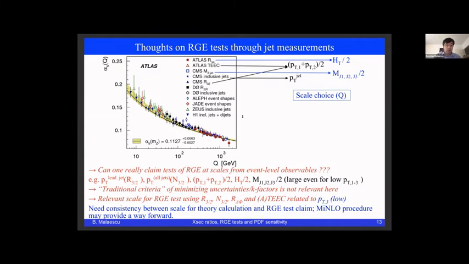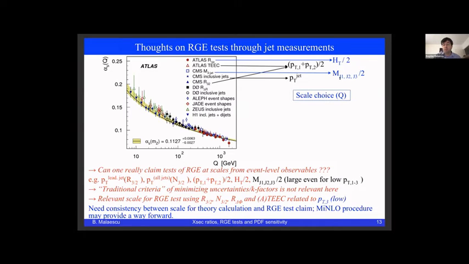So you have here a series of measurements, and I try to indicate here the scales that have been used for a few of these measurements. For R delta phi, you have the HT/2. For the energy correlation from ATLAS and the CMS R32 result, there's this HT2/2. And then for inclusive jets from CMS, there's PT jet, and then for the 3-jet mass, there's the 3-jet mass over 2.